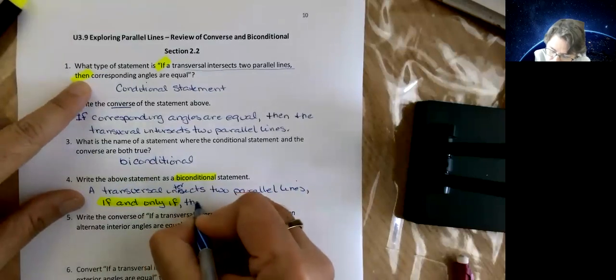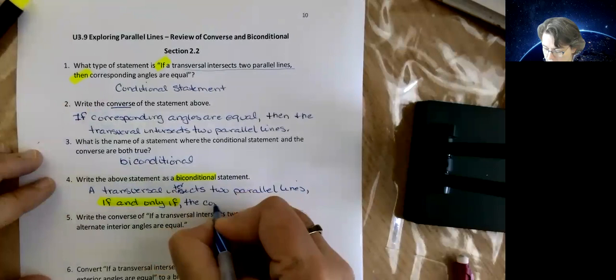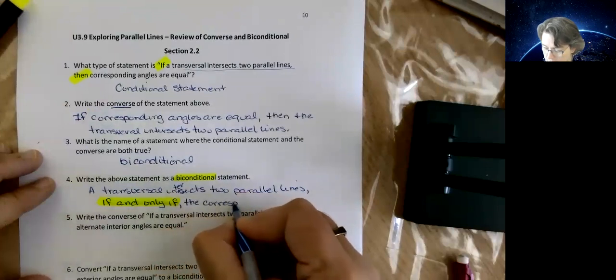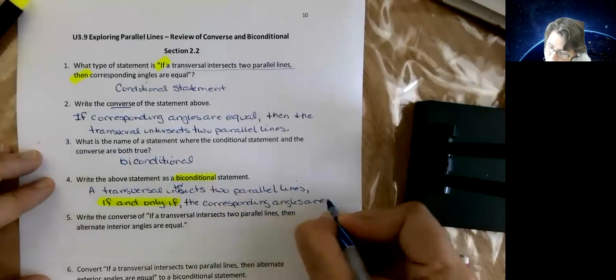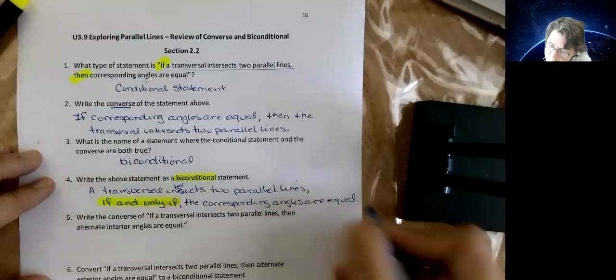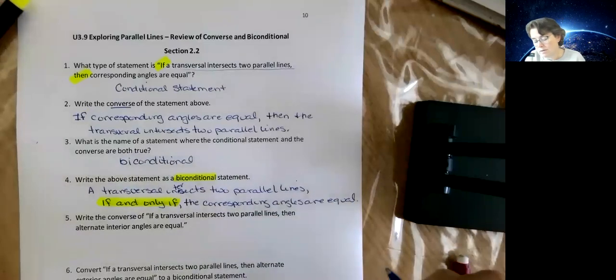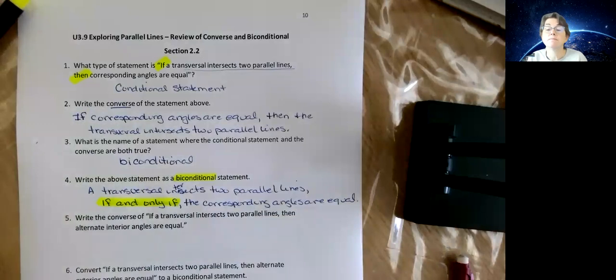That's the key for biconditional. If and only if, what was the last of it? The corresponding angles are equal. Now, if you wrote the corresponding angles are equal if and only if the transversal intersects 2 parallel lines, that's cool too. Because right, biconditional, I don't care which part you put first, it still works.